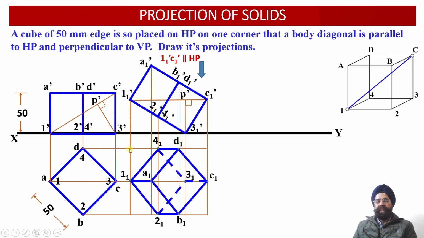So here this rectangular figure which is going to inscribe this top view projection has to be rotated in such a way that A1 C1 should now become perpendicular to the vertical plane. Now you can see here it was parallel to the vertical plane.